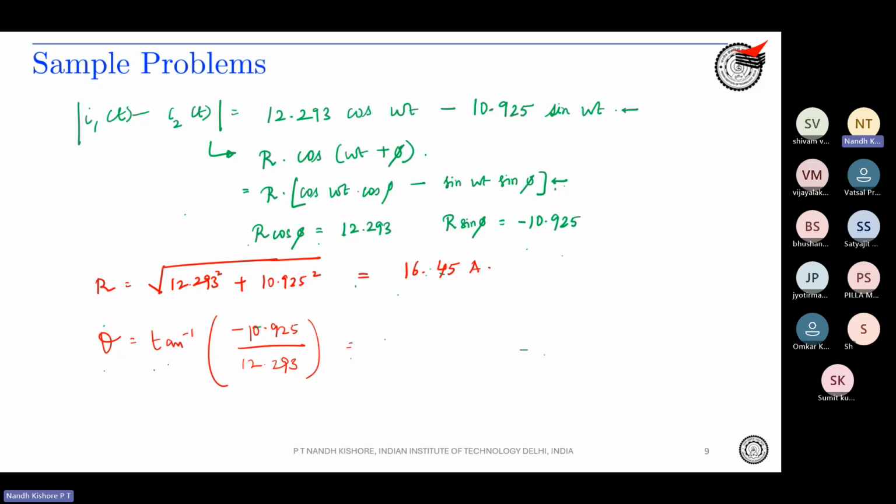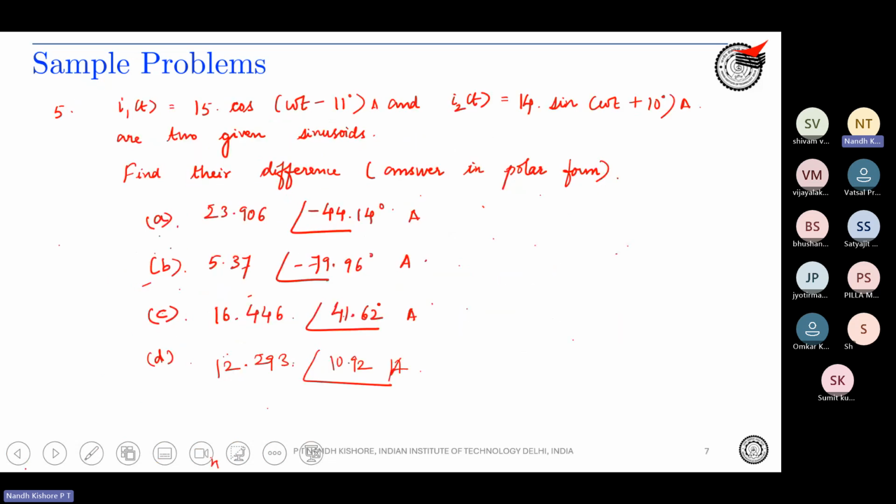So tan inverse of that, I'm getting 41.628. Okay, so let's check. Yes. So this is the answer.